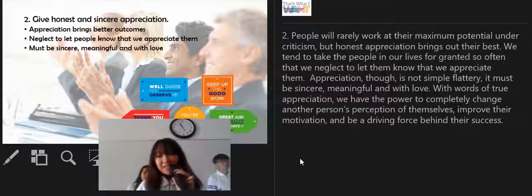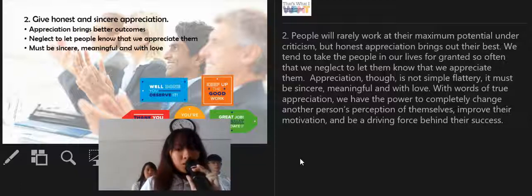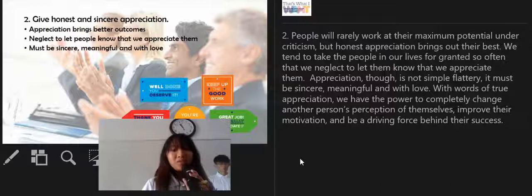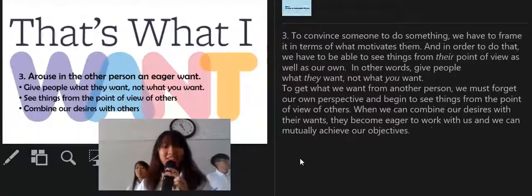Appreciation, too, is not simple flattery. It must be sincere, meaningful, and with love. With words of true appreciation, we have the power to completely change another person's perception of themselves, improve their motivation, and be a driving force behind their success.